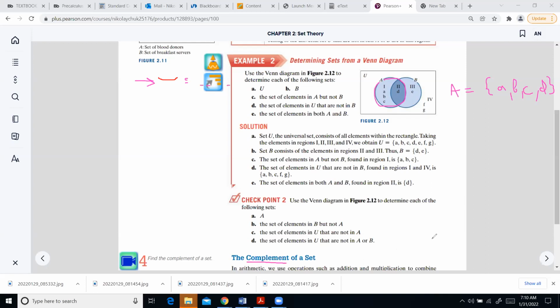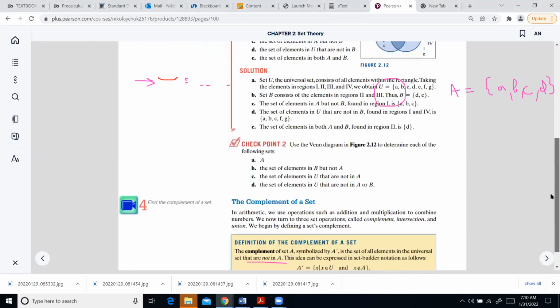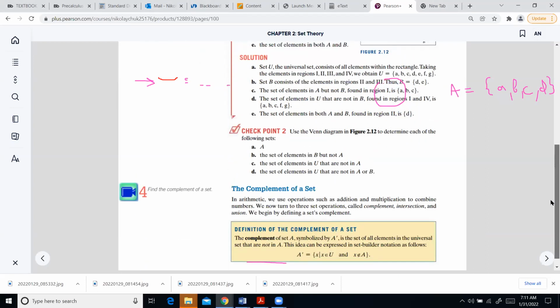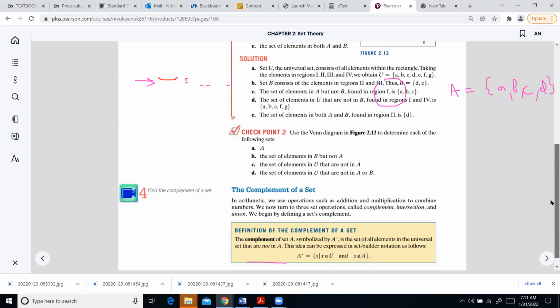The other thing they are talking about here is the so-called complement of the set. And the complement means it's everything that is not in your set A. They have a special symbol A prime for that.